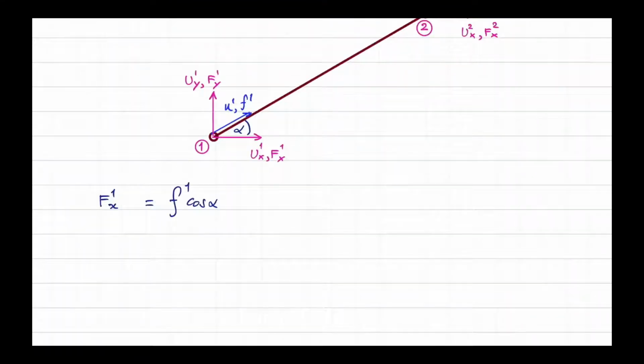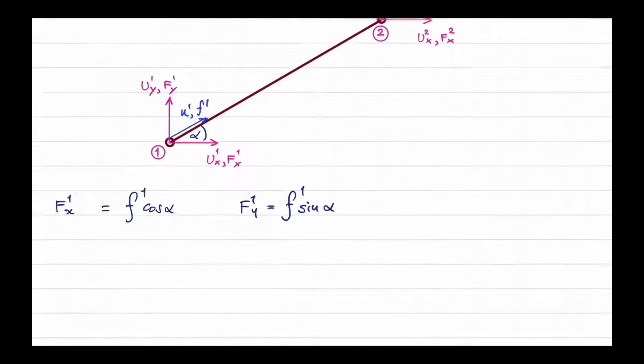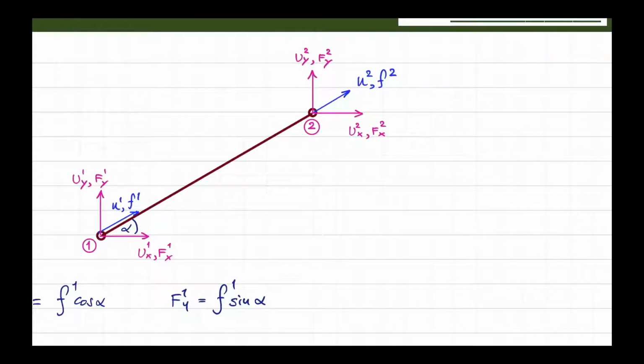So you look at this, F1x, now F1y is equal to, still it is lowercase f1 times sine alpha. And if you consider this, you have the F2x equals to f2 cosine alpha, and F2y equals to f2 sine alpha.